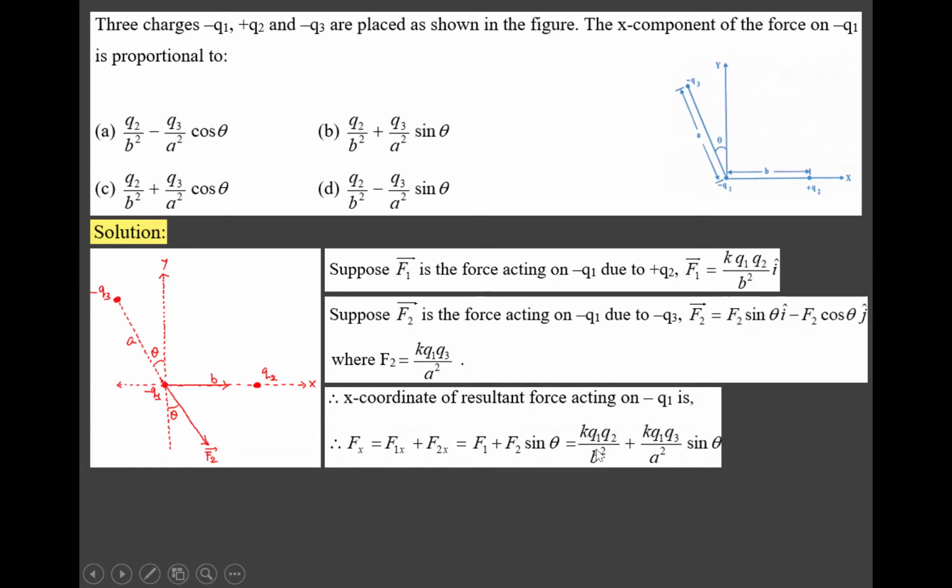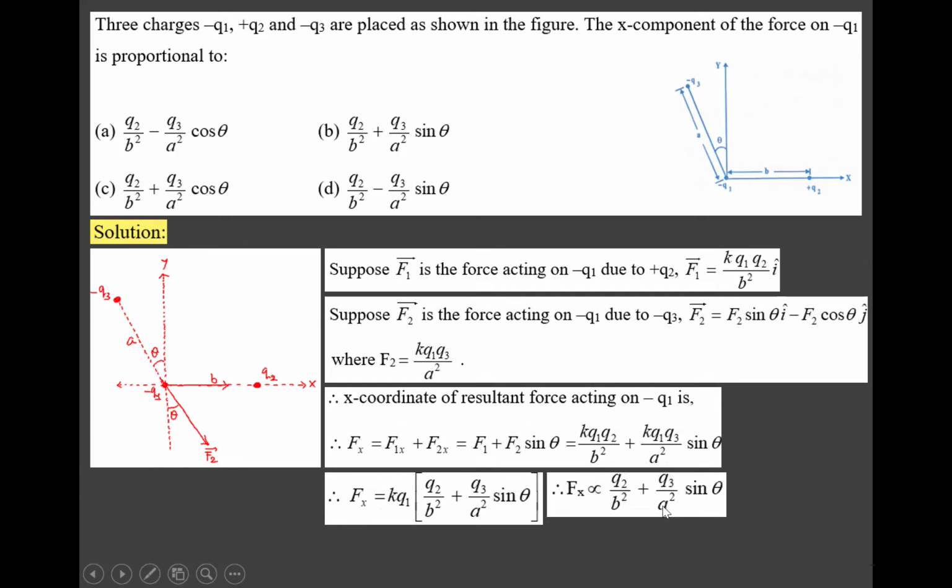Now substitute the values of F1 and F2: K Q1 Q2 upon B square plus K Q1 Q3 upon A square sine theta. So here if we take K Q1 common, then we can write Fx, that is K Q1 into Q2 upon B square plus Q3 upon A square sine theta.